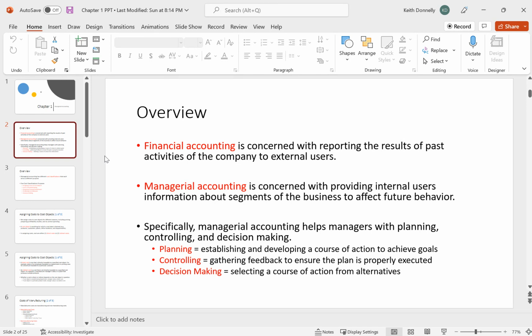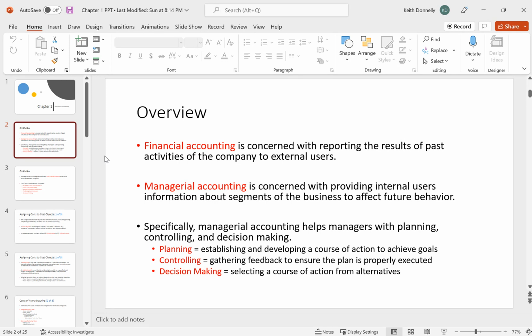In any event, when we're talking about managerial accounting, we're talking about internal users, those like managers inside the business. And we're really looking at how we can use financial information to help those managers with things like planning, controlling, and decision making.